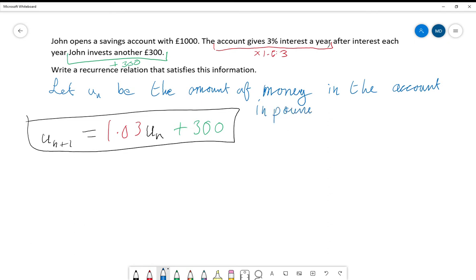We need to say what unit it's in, because if it was in pence, we'd be dealing with entirely different numbers here. In pounds after n years.